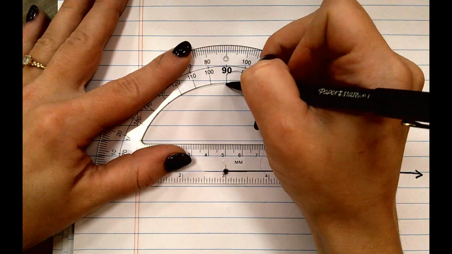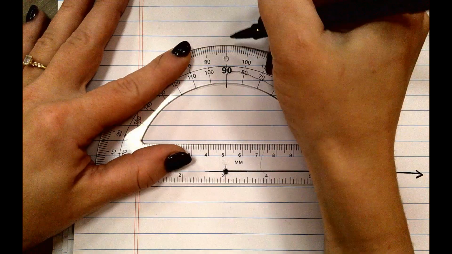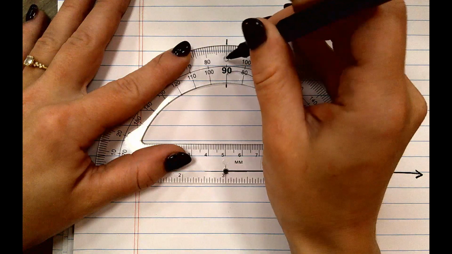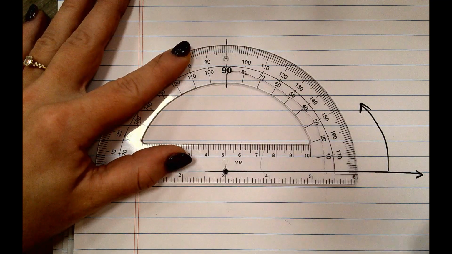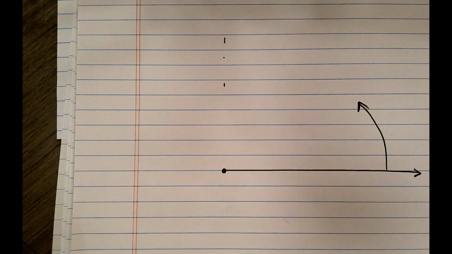So I'm going to put a little mark right there under the 90. You could also put a mark above it if you like. Technically, you could also put it in this. There's another hole right there. So up to you. When you take that away, here's what you're left with.